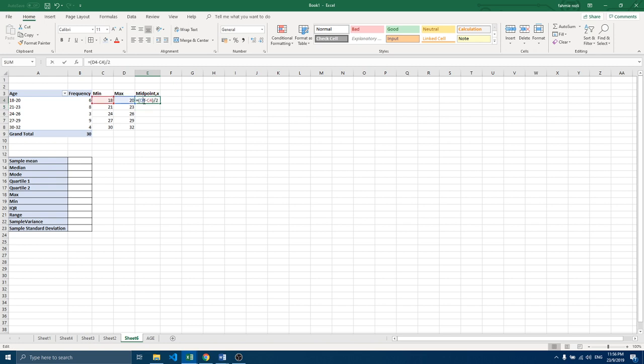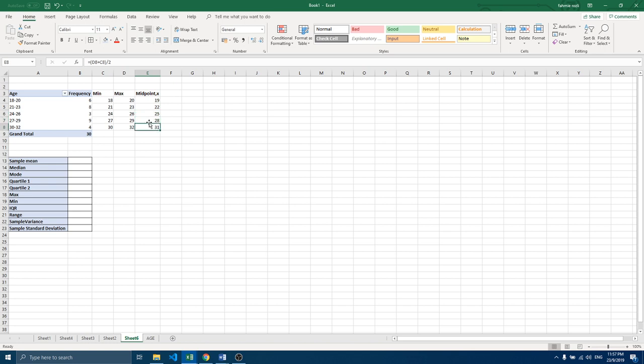Sorry, it's not minus, it's plus. So you will get 19. So just drag to the next column or just double click. Make sure you have the plus arrow, double click, and then you will get the midpoint for each class. Let's say 19, 22, 25, 28, and 31.